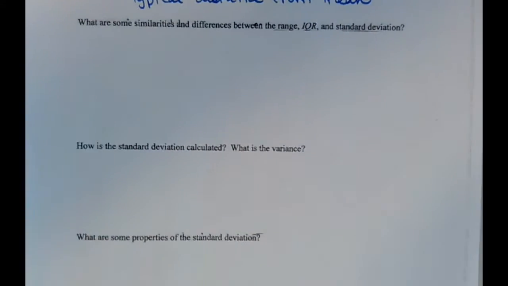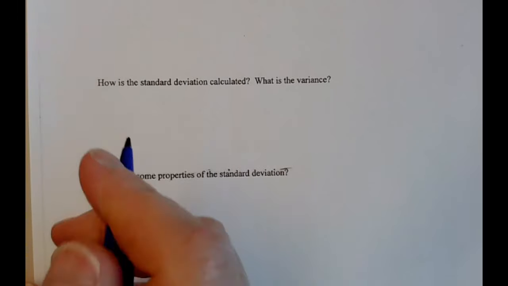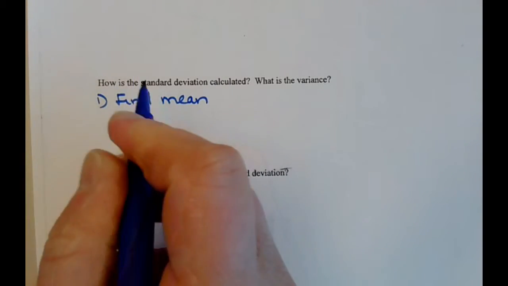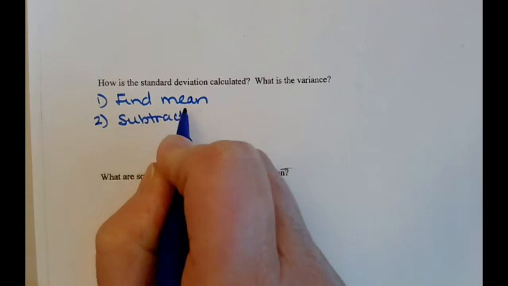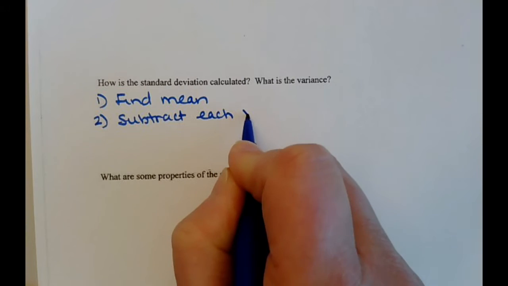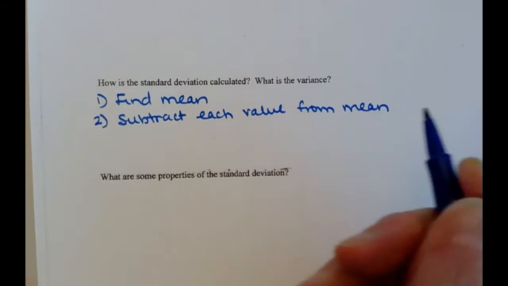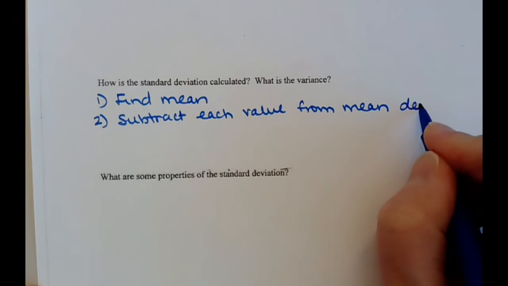So how do we calculate the standard deviation? On the calculator, I'm going to have a video with that. We're going to put them all into list 1 and do it from there. Otherwise, we're going to find the mean. We're going to subtract each value from the mean. That's called our deviation.